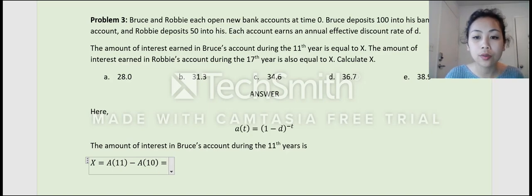So that's equal to, we have Brooks deposit 100, so 100 times a of 11 minus 100 times a of 10.